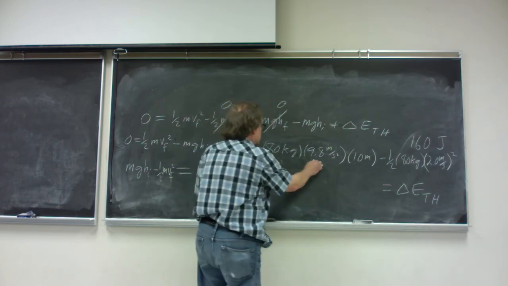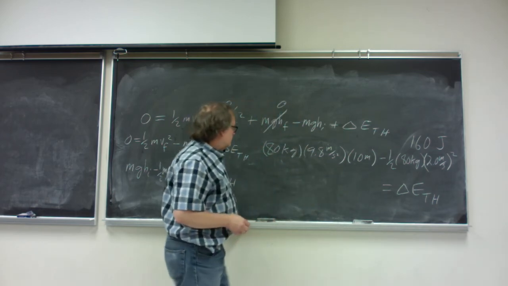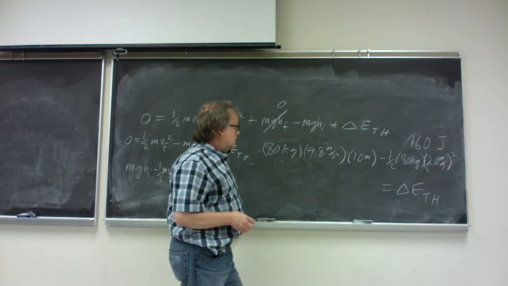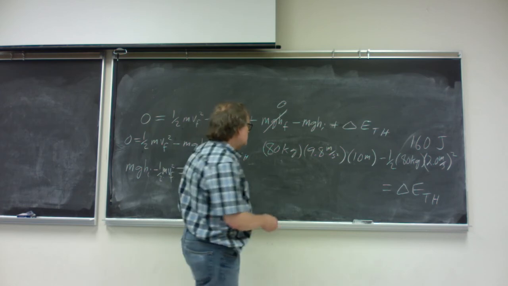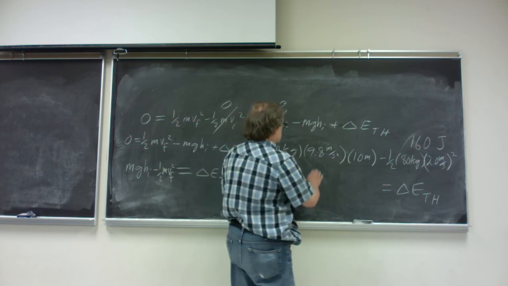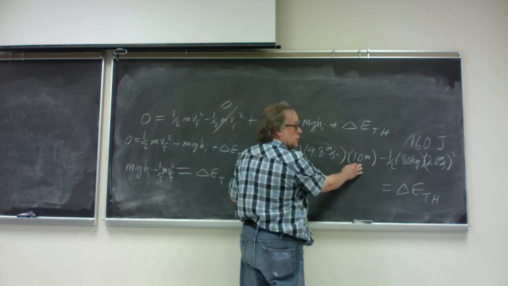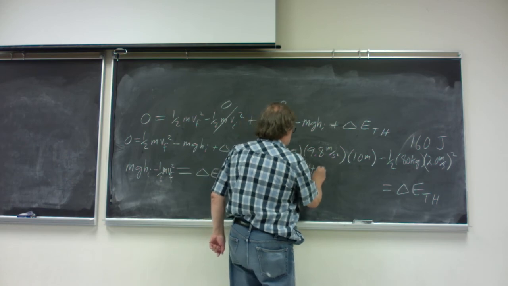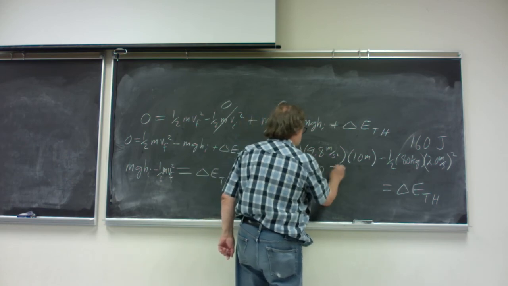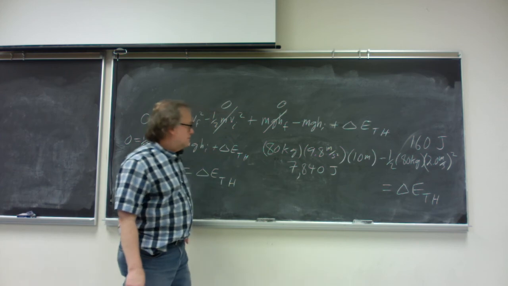80 times 9.8 is 784. 784 times 10 is 7,840 joules.